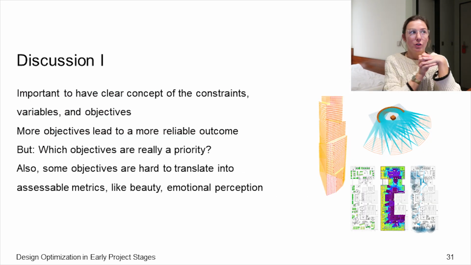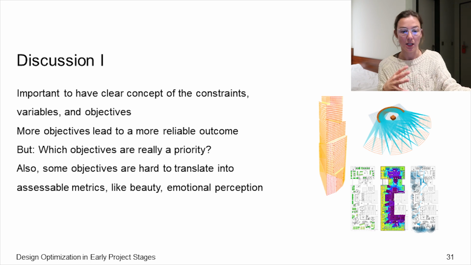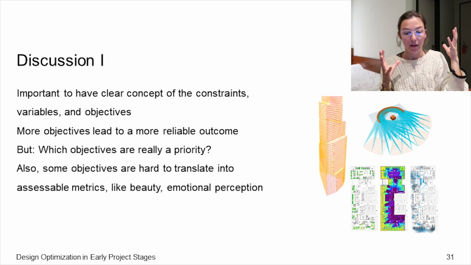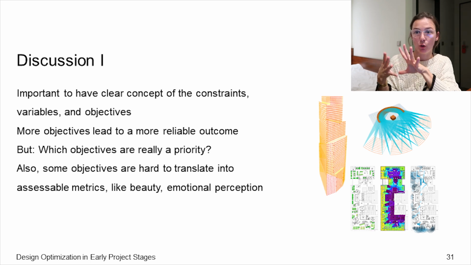So, to conclude, I would say the most important thing in a generative design study is to have a clear concept of the design variables that you want to include and the objectives that you choose, because that will very much influence the quality of the results that you will get. Because there are essentially endless possibilities of what objectives to choose, and you have to consider what is most important to you.